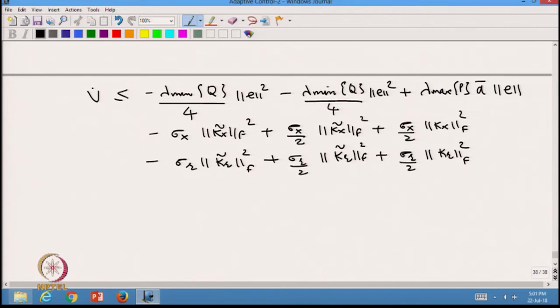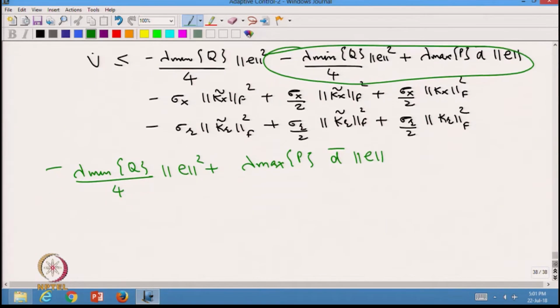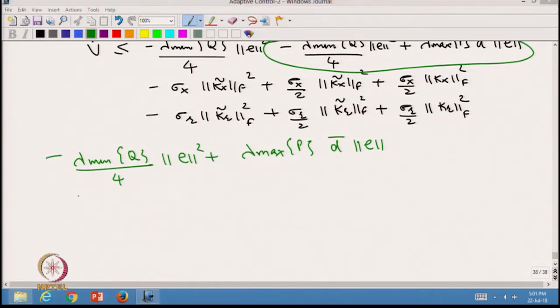Now let us consider this term here and try and manipulate it. This term is minus lambda min of Q over 4 times norm E square plus lambda max of P d bar norm of E. So, let us complete the squares.